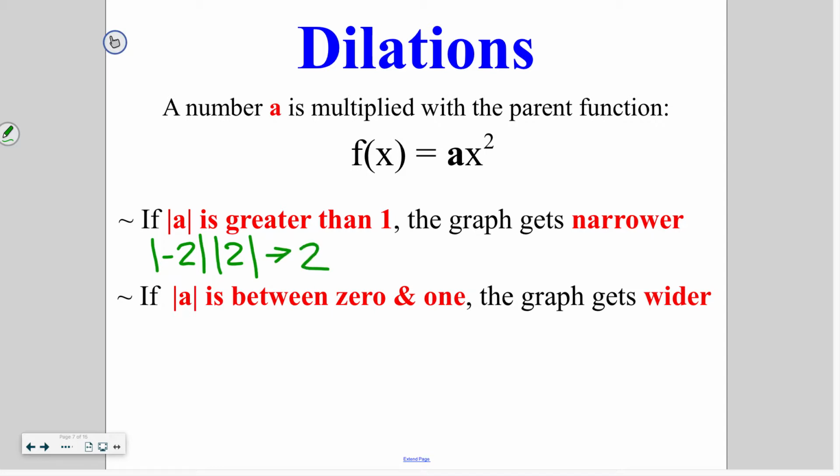So if that absolute value is greater than 1, then the graph is going to get narrower. Those points are going to get closer together. If the absolute value is between 0 and 1, aka we have a fraction or a decimal that is between 0 and 1, we're going to be getting wider. So that graph is going to be getting pushed down. Those points are going to be farther apart.